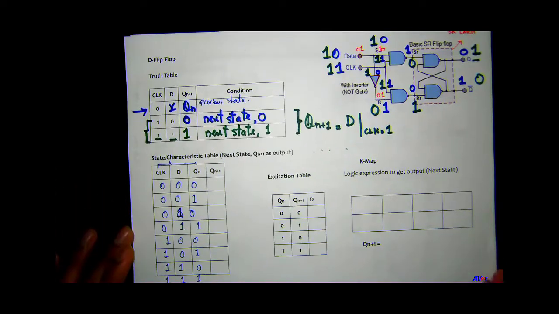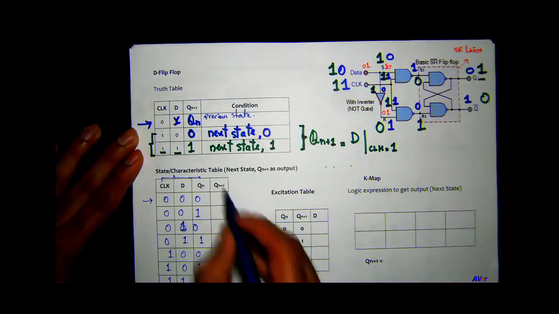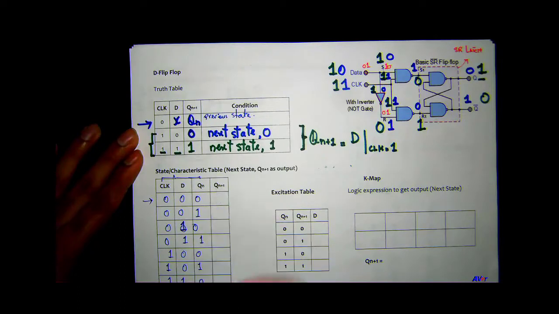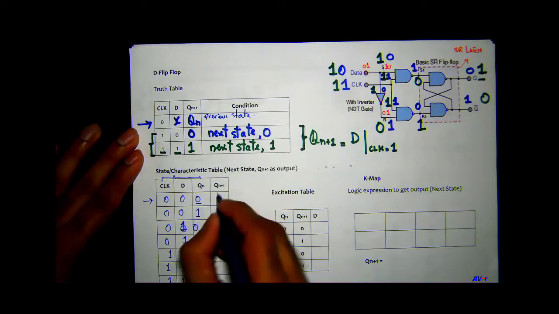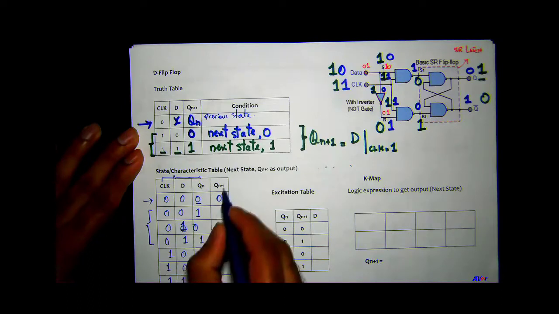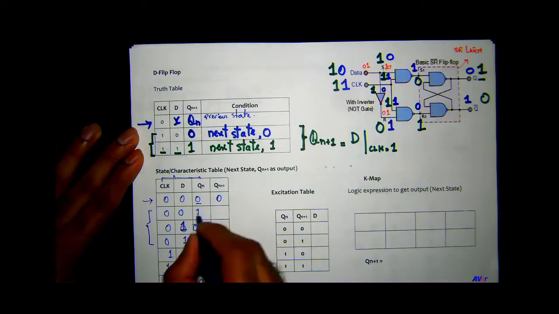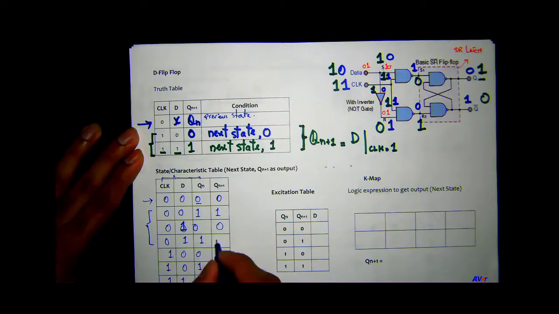Now this should be fairly simple. We know when clock is 0, the next state is going to be whatever the previous state was. So for all the time when the clock is 0, Qn plus 1 is going to be equal to the previous state. So previous state is 1 here, previous state is 0 here, previous state is 1 here.